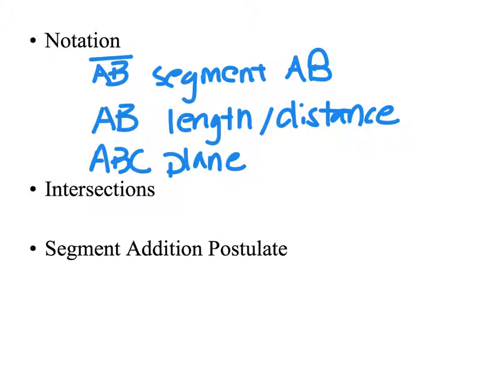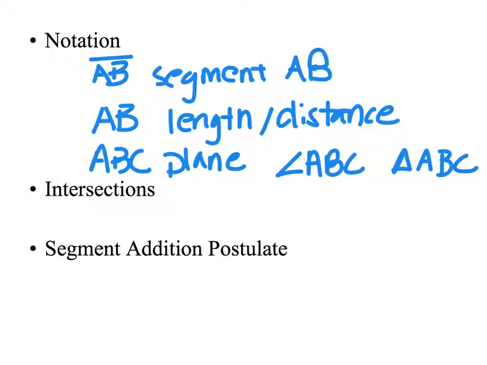It's one of the most confusing things you'll do. With the three letters making a plane, if I put an angle symbol in front of it, now I've got angle ABC. If I put a triangle in front of it, I have triangle ABC. If I write ABC by itself and don't put something in front of it, I think you're referencing a plane. Okay, notation's important.